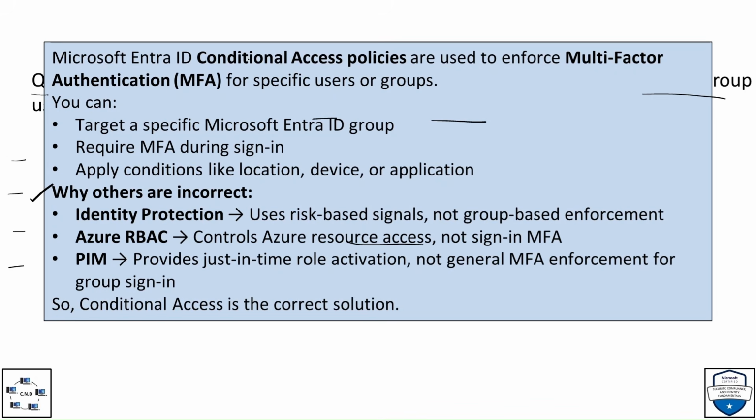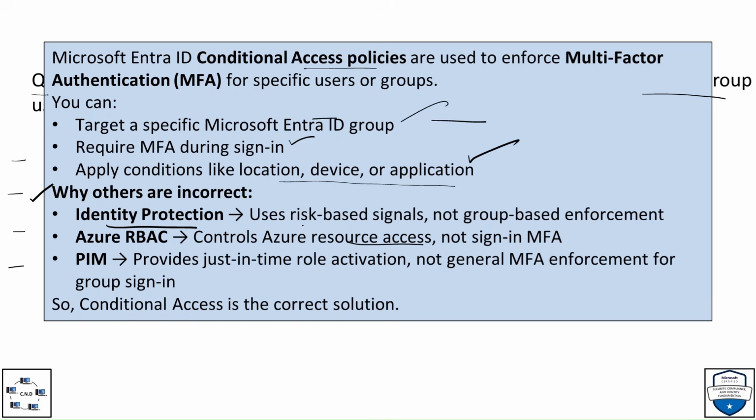Microsoft Entra ID conditional access policies are used to enforce multi-factor authentication for specific users or groups. You can target a specific Microsoft Entra ID group, require multi-factor authentication during sign-in, and apply conditions like location, device, or application. So why are the other options incorrect?